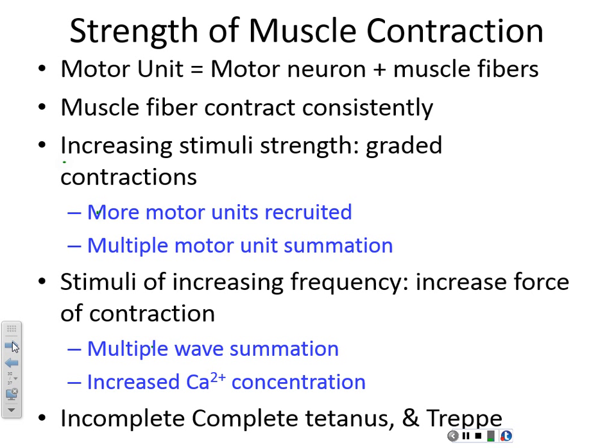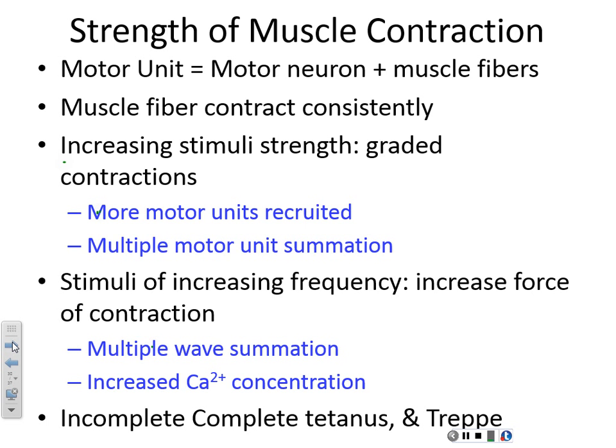I know this is a lot of information. But then treppe is what happens when you apply a stimulus of maximum strength, and then you let the muscle relax, and then you apply another one. The muscle will successively contract with greater force. Then on the third or fourth one, it will contract with the maximum force all the time.